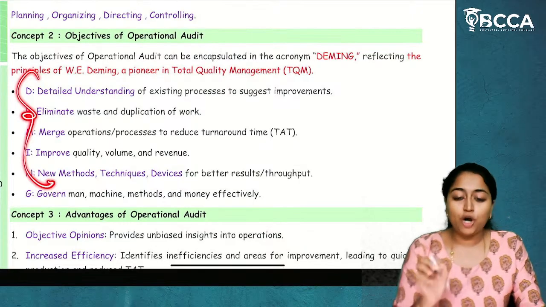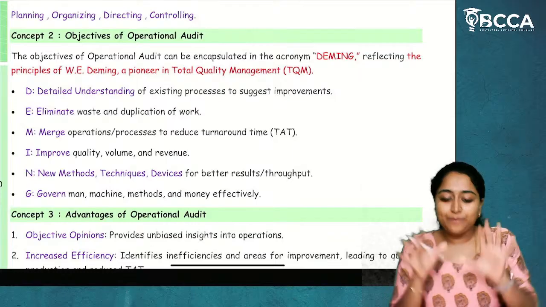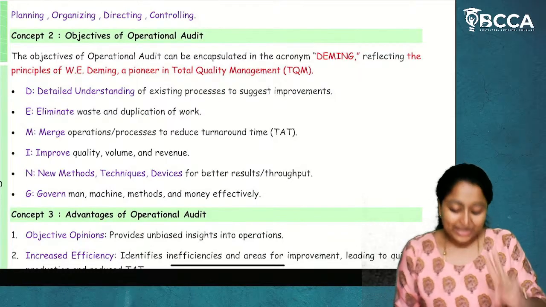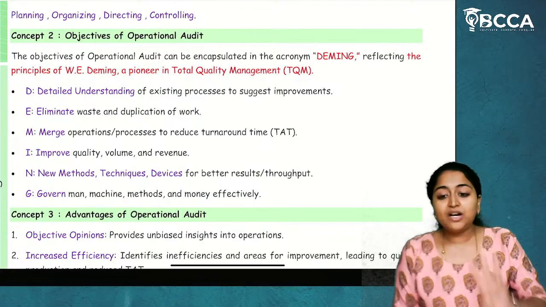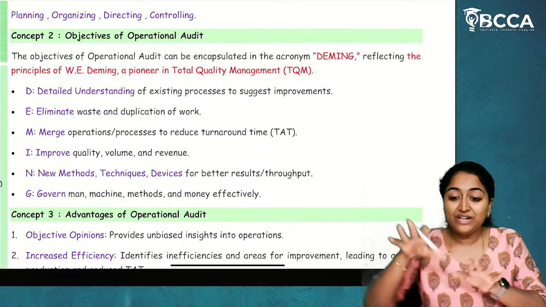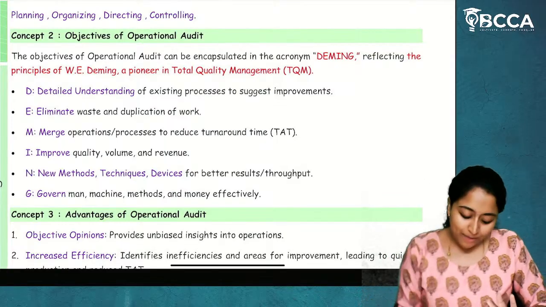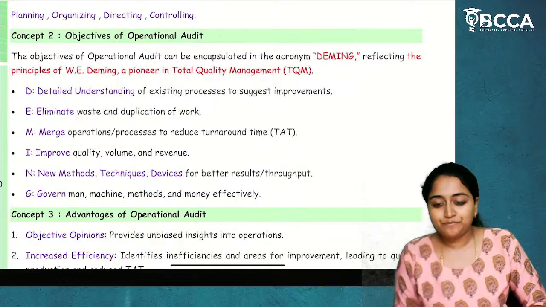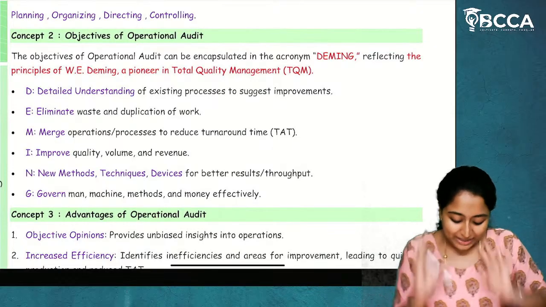So these are the objectives of operational audit. First, detailed understanding about current operations. Second, eliminating wasteful activities. Third, merging all the operations so that we reduce the time. Fourth, improve the quality, volume and the revenue of the organization. Fifth, new methods, new processes so that our entire throughput will increase.